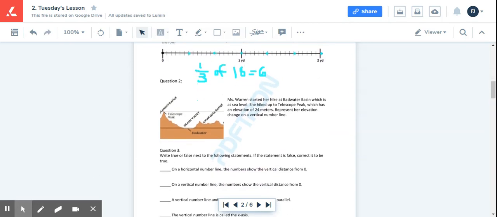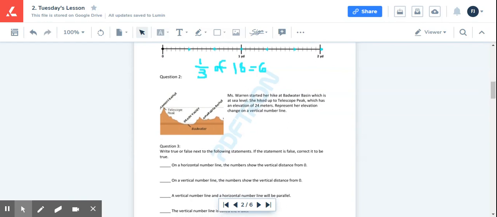Question number 2. Miss Warren started her hike at Badwater Basin, which is at sea level. She hiked up to Telescope Peak, which has an elevation of 24 meters. Represent her elevation change on a vertical number line. So this is Badwater Basin.